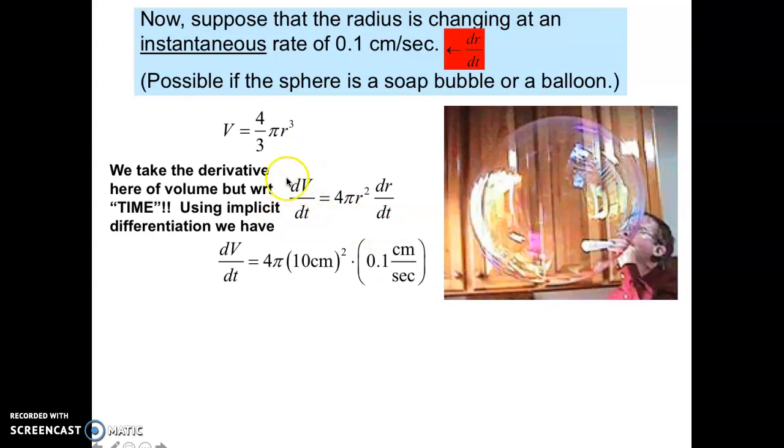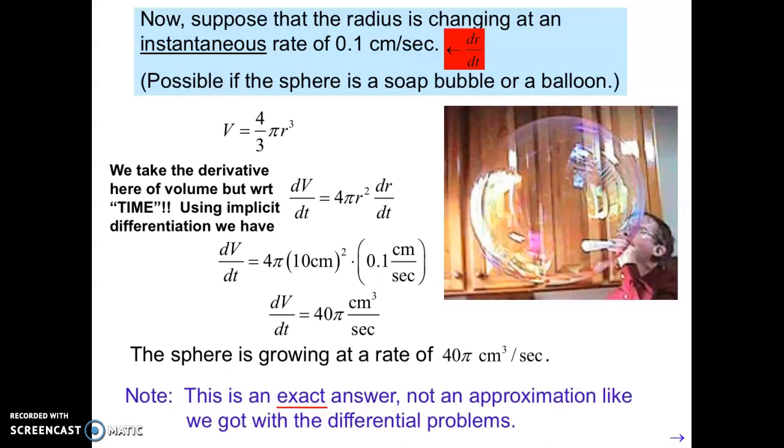So we can now find the derivative of the volume with respect to time. Substituting in, doing a little bit of algebra and math, we get the rate of change of the volume with respect to time in seconds is given by 40 pi centimeters cubed per second. So for every second at this point in time, the volume is growing by 40 pi centimeters cubed per second.